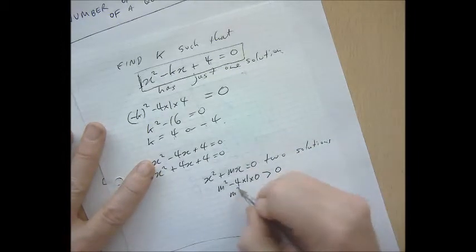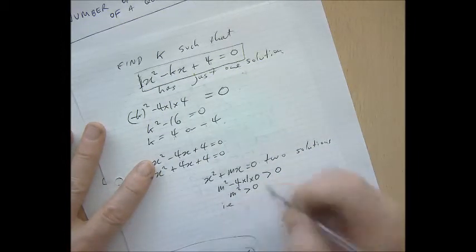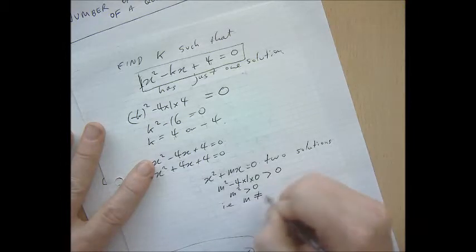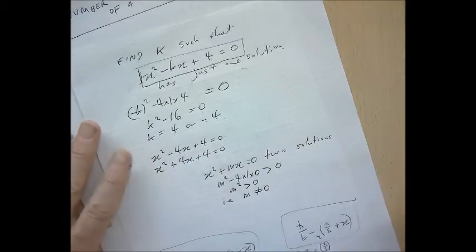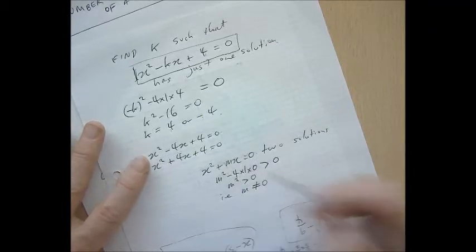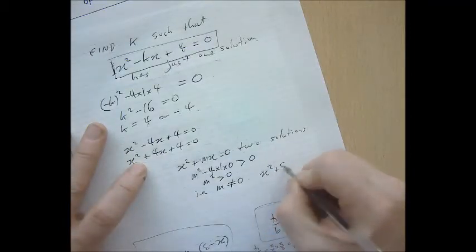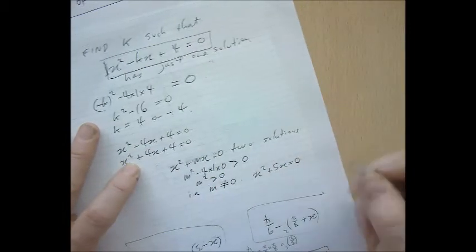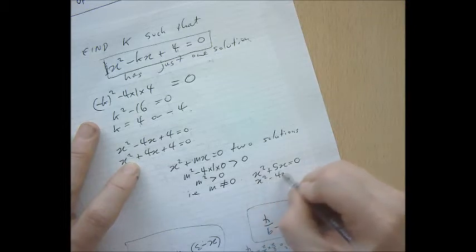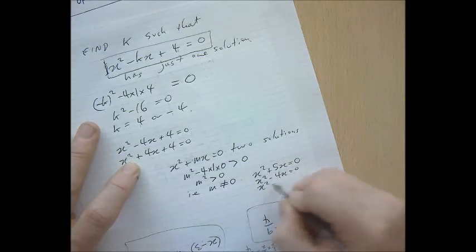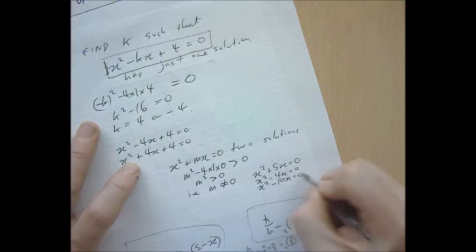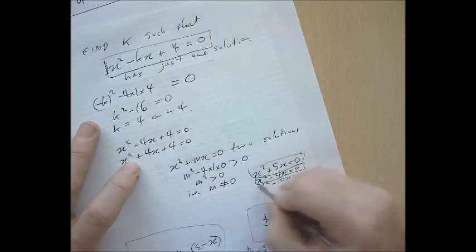So m squared had better be positive. So m can be anything that isn't equal to 0. So no matter what you do here, as long as m isn't 0, you get two solutions, whether it's that, or this, or this. You will always get two solutions to the quadratic equation that you design.